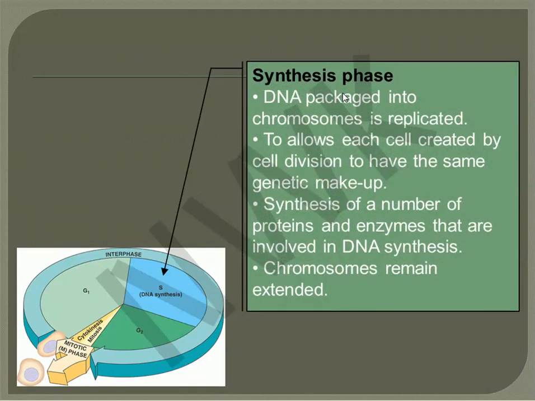Next is the S phase, or synthesis phase. S phase is purely for DNA duplication, which means the cell is going to double its genetic material. So this S phase is purely for DNA synthesis. Imagine this cell has 1000 copies of DNA.